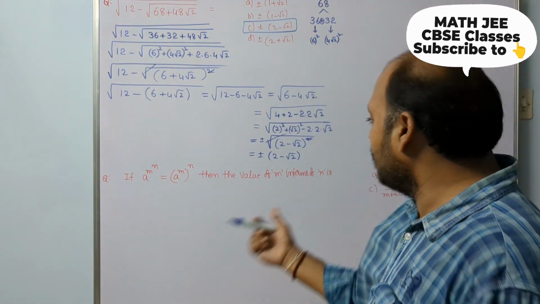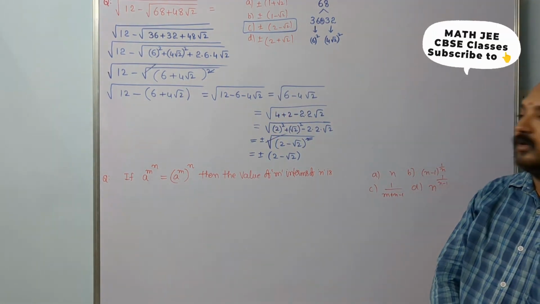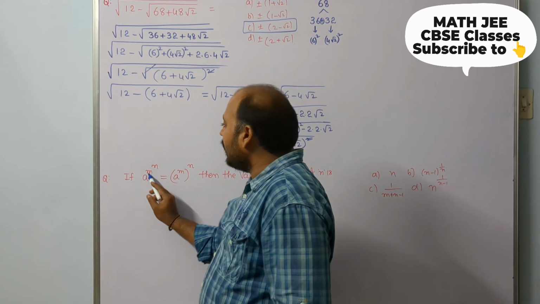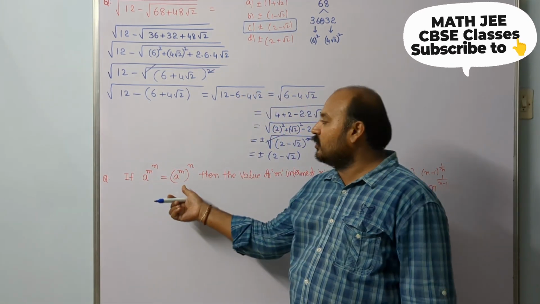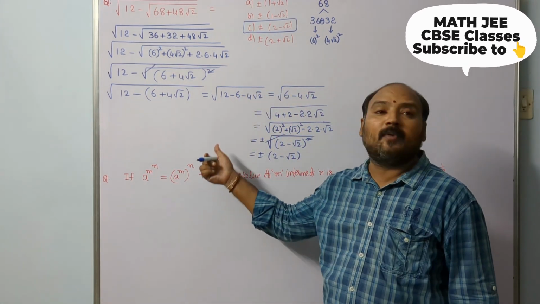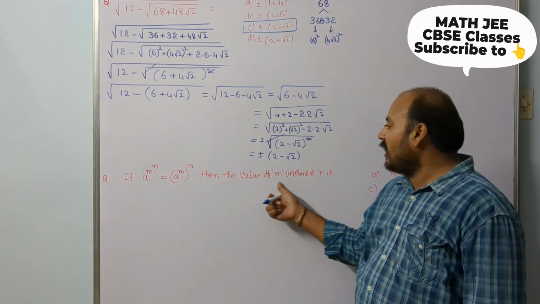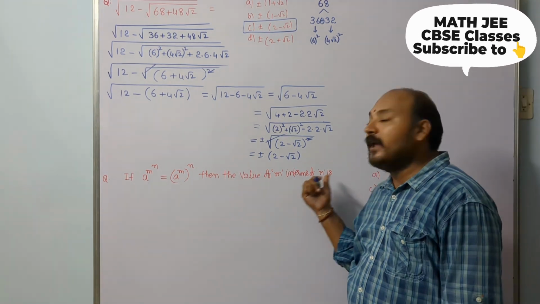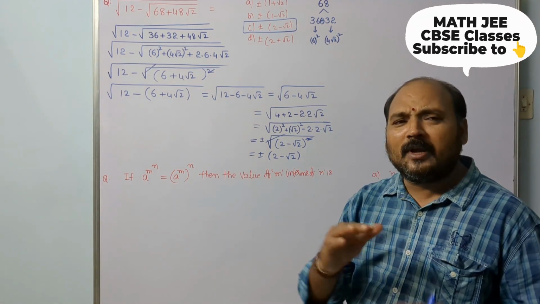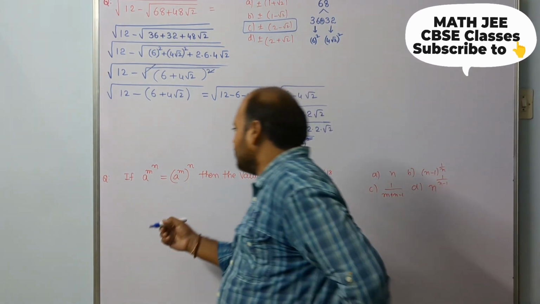Okay, we'll move on to another question here. If a power m whole power n is equal to a power m whole power n, then find the value of m in terms of n. This is related to a little logarithm also. We will move on.